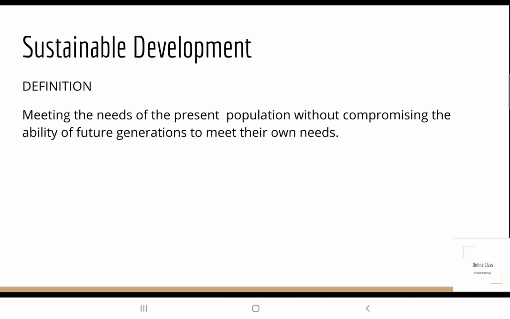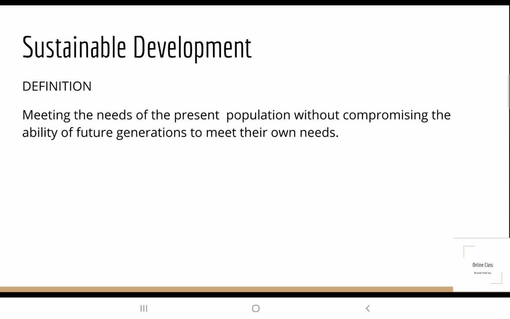So sustainable development. You need to know what the definition of sustainable development is. It's defined as meeting the needs of the present without compromising the ability of future generations to meet their own needs.